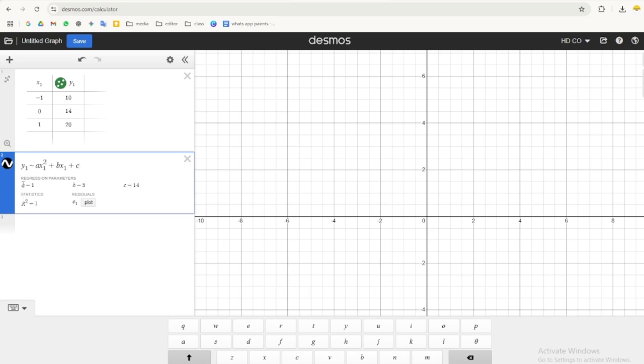Here we get the a value, b value, and c value.